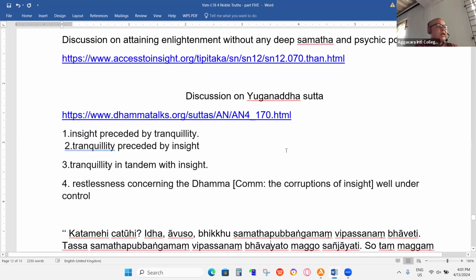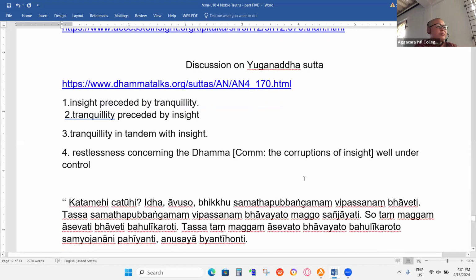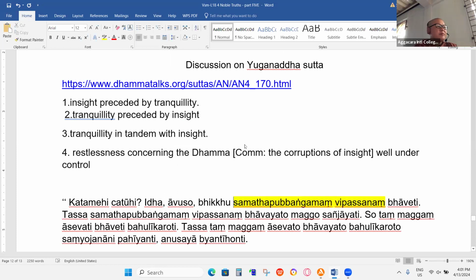And the final one is another very famous sutta, all these are very, very famous suttas, called Yuganaddha Sutta. In this sutta, it's talking about somebody who developed vipassana preceded by tranquility.